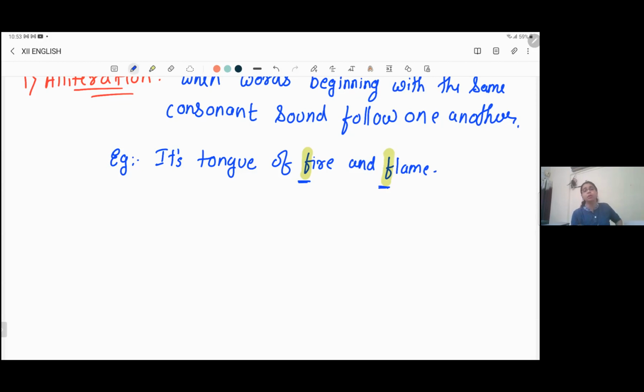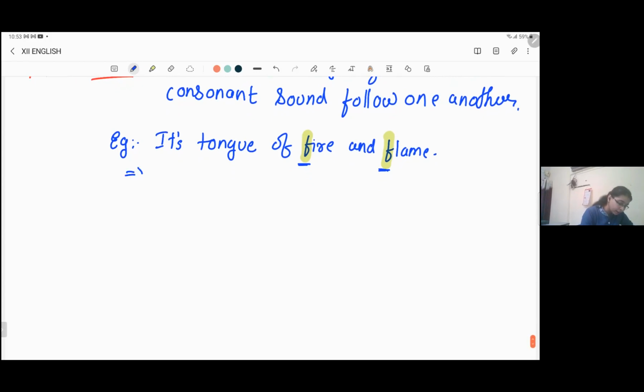Whenever they ask you the figures of speech, if the sentence or poetic sentence is in alliteration, it is repeating an alphabet and consonant sound, then you have to write why you are saying that it is an alliteration. You can write that in the above sentence the sound of F is repeated. What will you write as the answer?